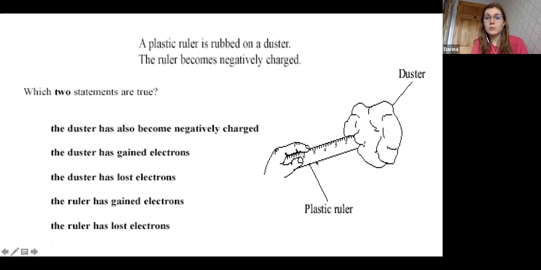A plastic ruler is rubbed on a duster, the ruler becomes negatively charged, and just write the number of the statement that is true. So 1, 2, 3, 4, or 5. Which two of those are true? I'll give you a minute for that.